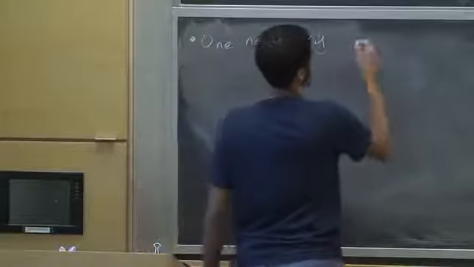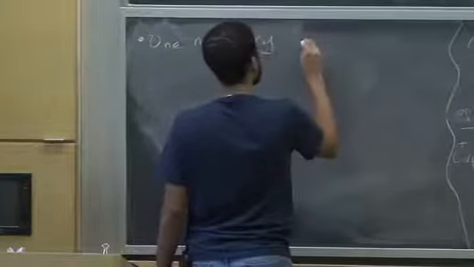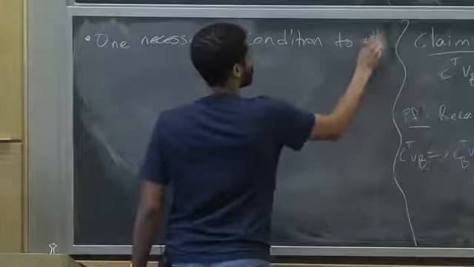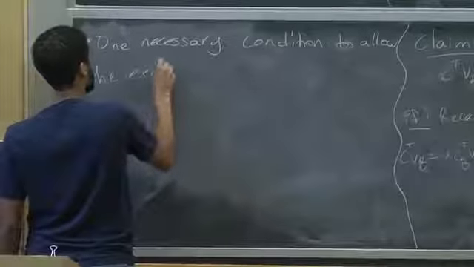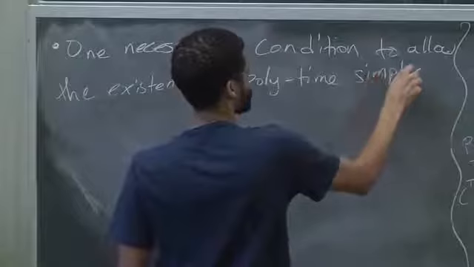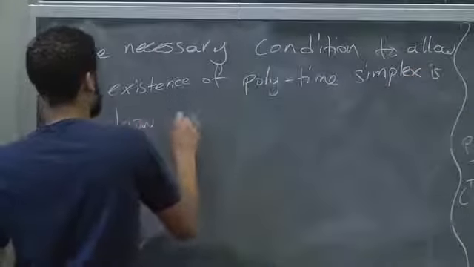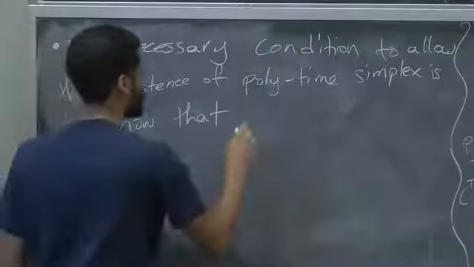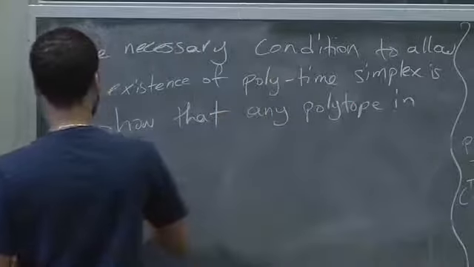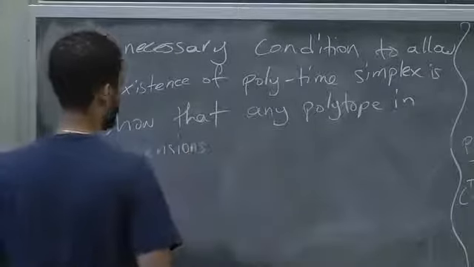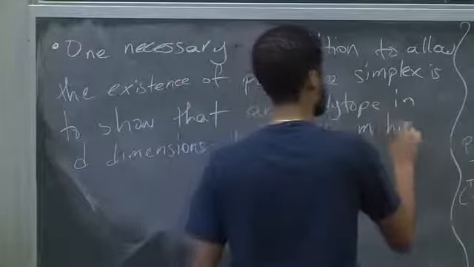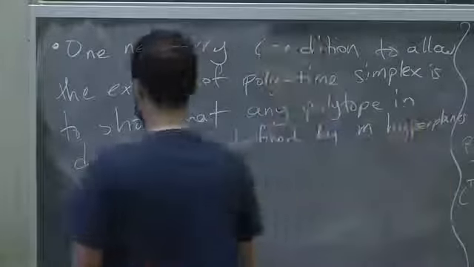Okay, so one necessary condition to allow the existence of polytime simplex is to show that any polytope in, let's say, d dimensions defined by m hyperplanes has diameter.